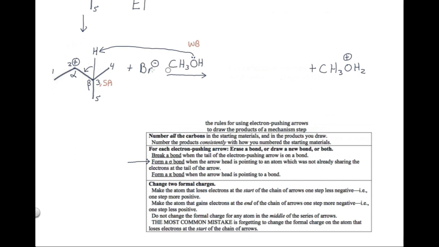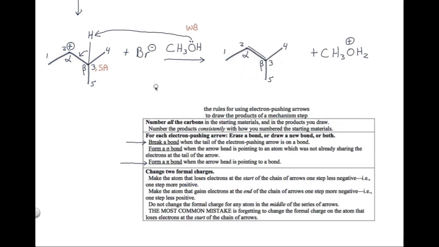Now we repeat that process for the second arrow. This is an arrow that tells us both to erase a bond and to draw a new bond. The arrow tells us to erase the bond between the hydrogen and carbon 3 and to draw a new pi bond between carbon 2 and carbon 3.